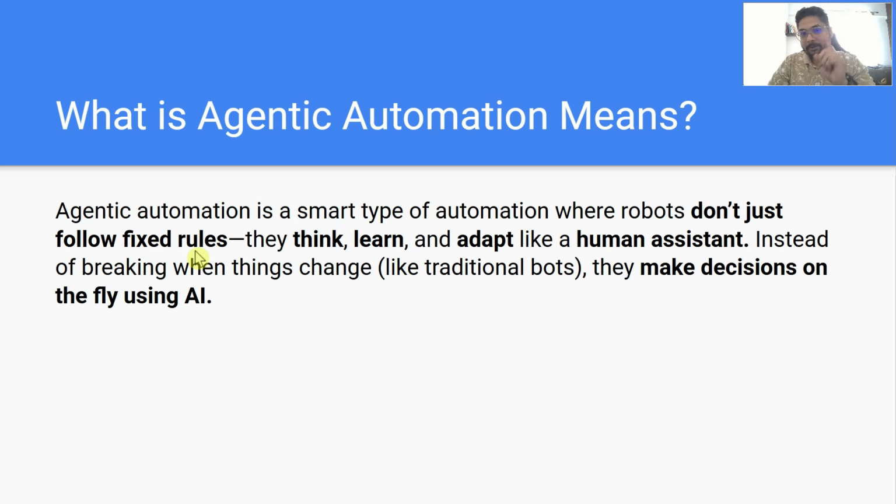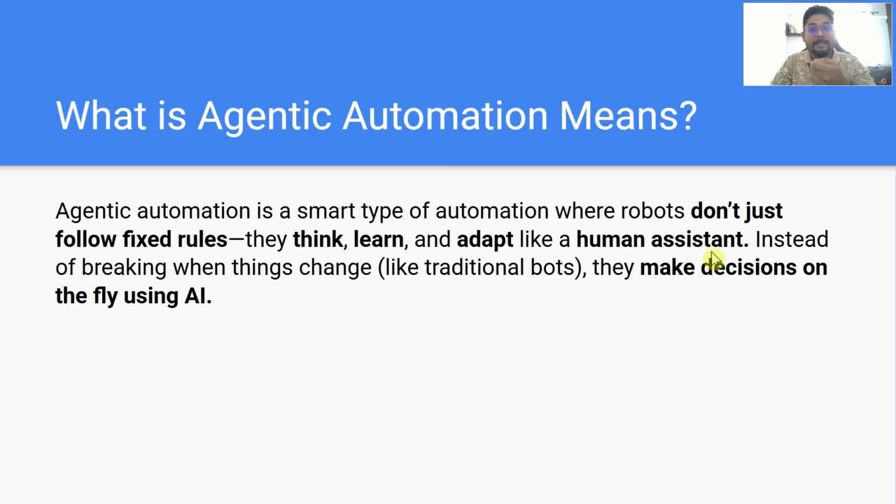If you have developed any robots on UiPath, you define a rule: where the bot should go, from where it should read the input files, what it should do with the data within the application. You set certain rules which the robot has to follow. But agentic automation doesn't have to follow the rules all the time. They can think, they can learn and adapt like a human assistant.